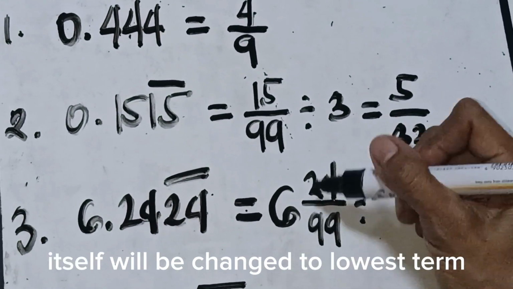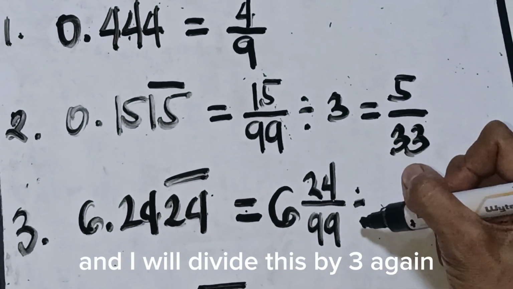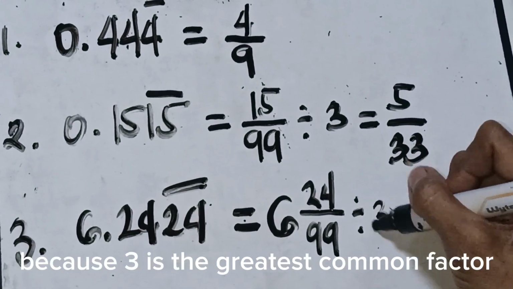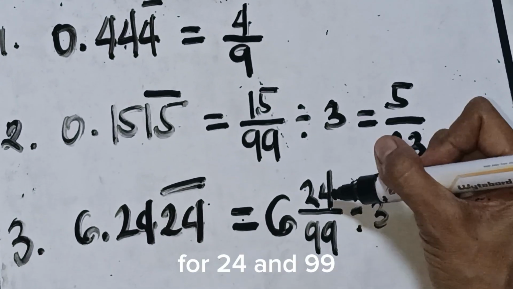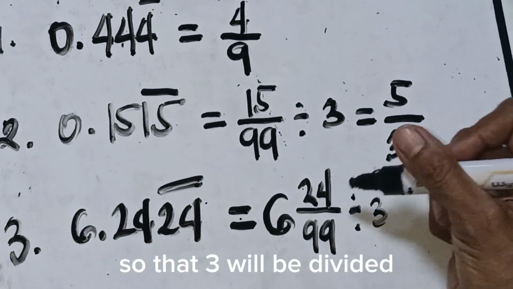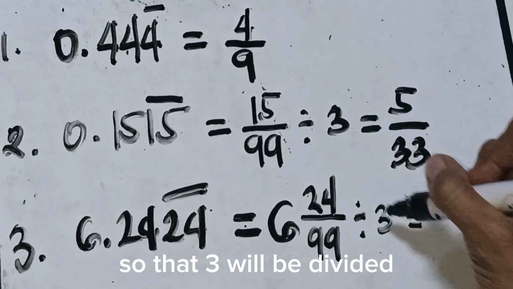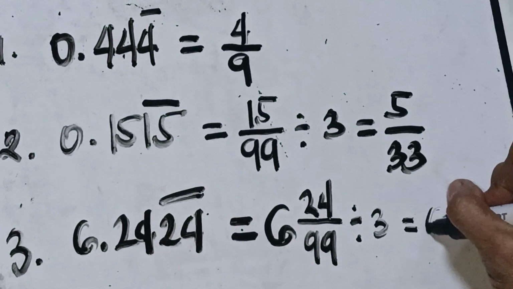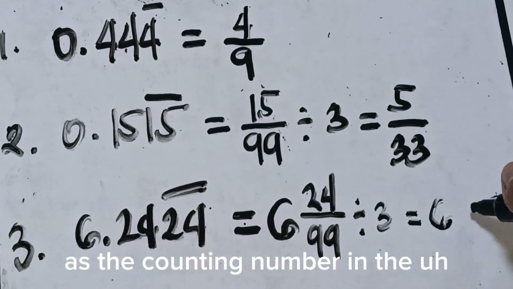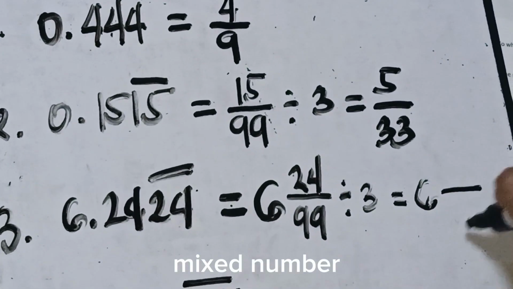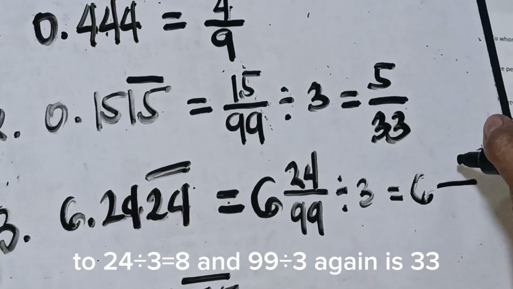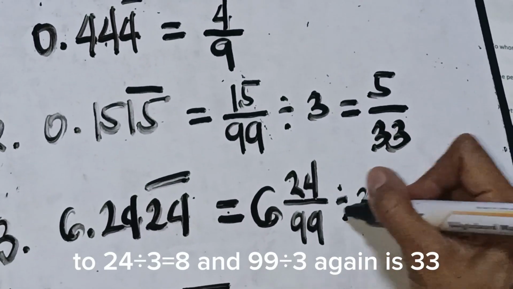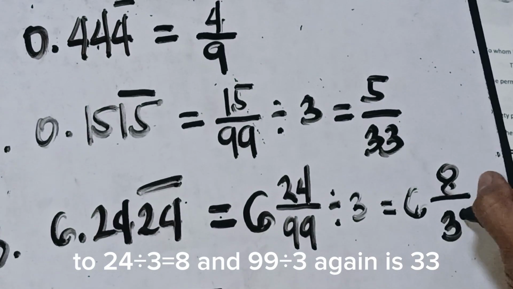The fraction itself will be changed to lowest term, and I will divide this by 3 again because 3 is the greatest common factor for 24 and 99. So that 3 will be divided to 24, not to 6. Just copy 6 as the counting number in the mixed number. So 24 divided by 3 is 8, and 99 divided by 3 again is 33.